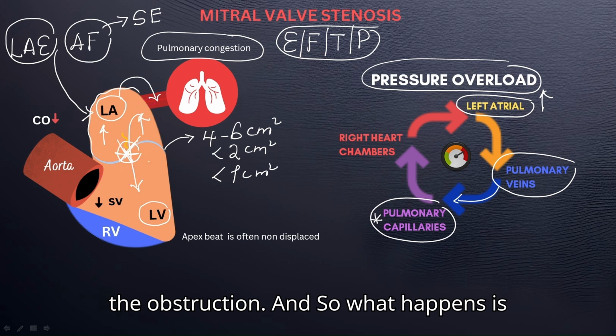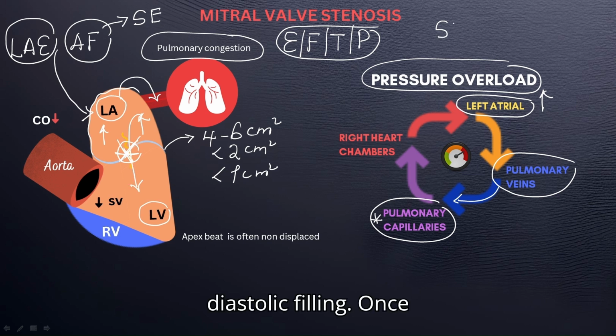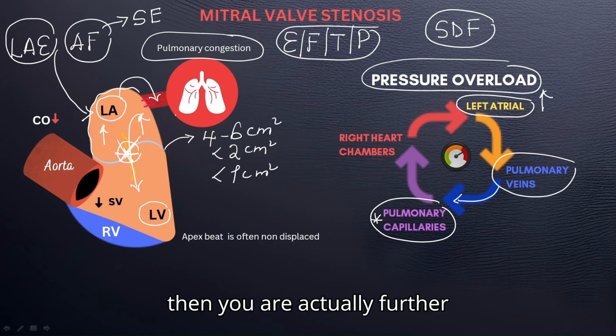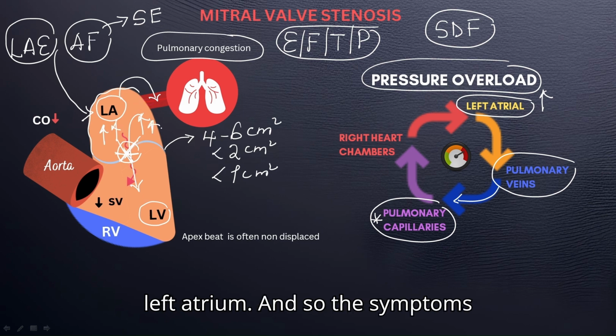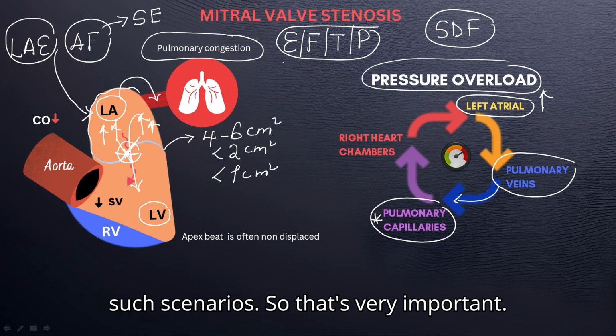And so what happens is that you have shortened diastolic filling. Once you shorten diastolic filling, then you are further increasing the pressure inside the left atrium. And so the symptoms are certainly going to get worse with such scenarios.